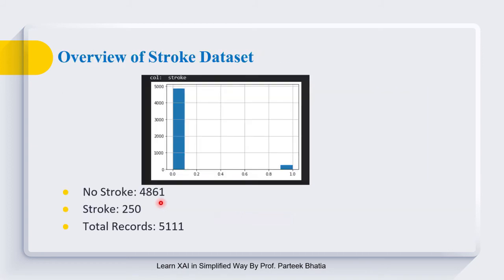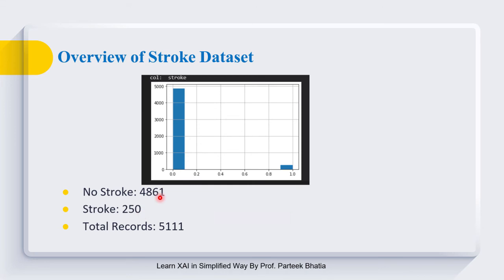In our example dataset, we have 4861 records in the majority class, while we have only 250 records in the minority class. So undersampling states that we have to remove records from the majority class, that is 4861, so that it should become equal to 250.